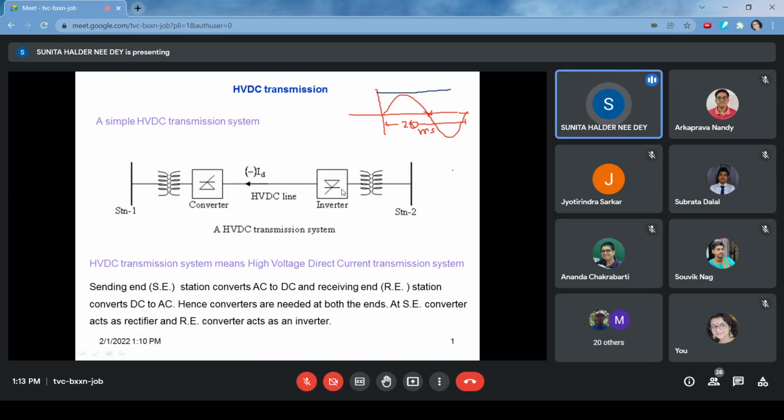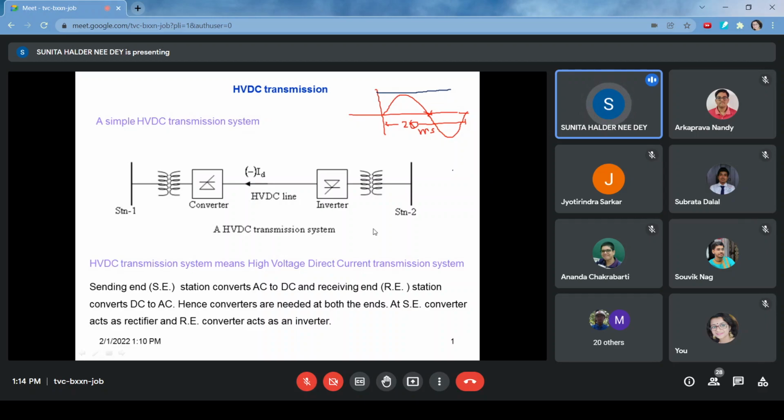An inverter is a converter operating in inverter mode. Then again we get AC and it will be usable. So we are converting AC to DC and transmitting it, and then at the receiving end converting DC to AC and using it. But what will be the loss? What will be the problem in between these two?